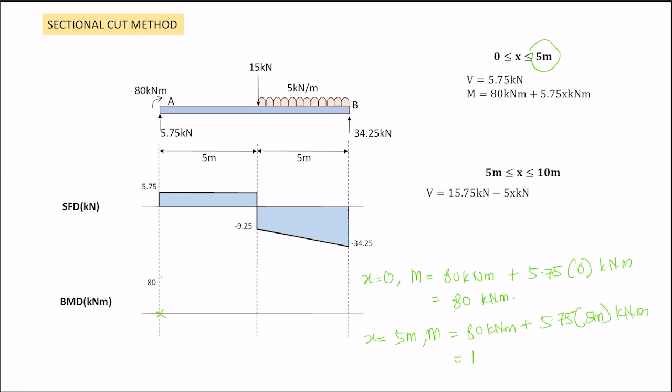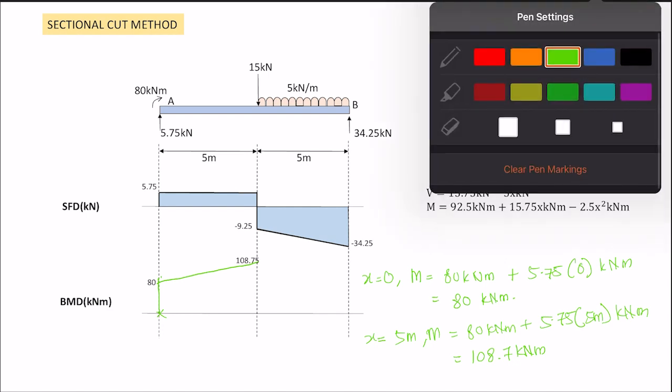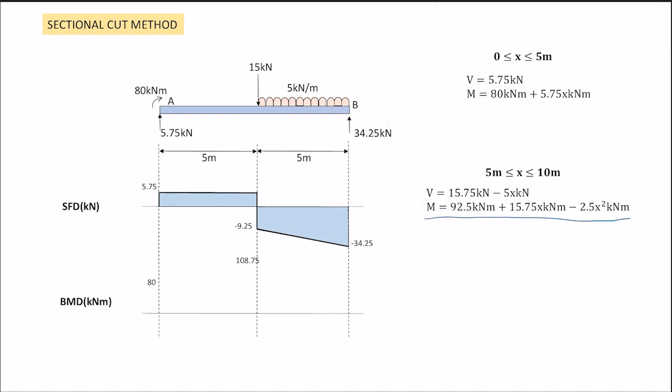You will get 108.75 kilonewton meter. Okay, so we can draw its line like this. That is for the first boundary, where x is bigger or equal to 0 and less or equal to 5 meter. For the second boundary that we have, this equation.